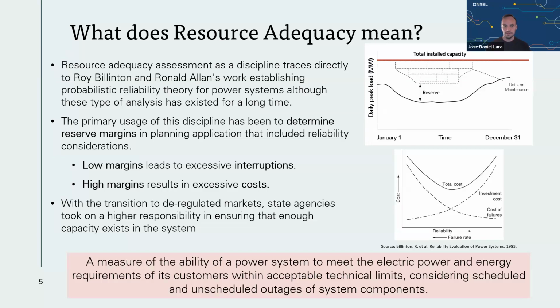So we're going to discuss today resource adequacy, which in a way allows us to measure the ability of the system to meet electric power and energy requirements within acceptable limits. So considering that the units go offline, the availability of these units changes over time, and that is the fundamental philosophy that came from resource adequacy, as it was invented through the 70s and the 80s.